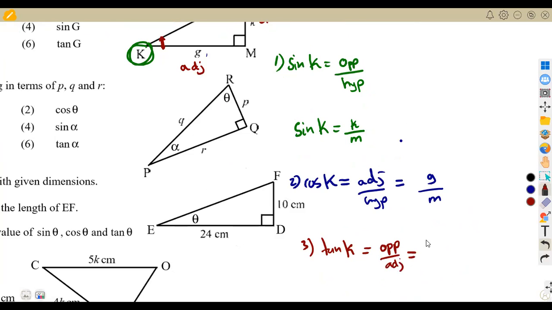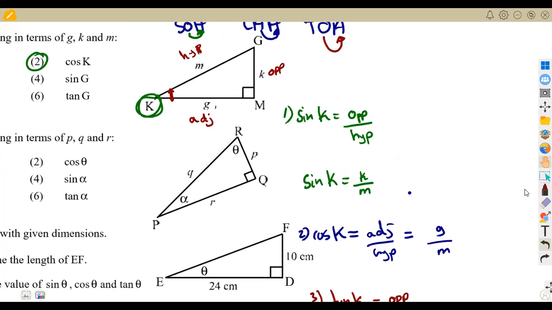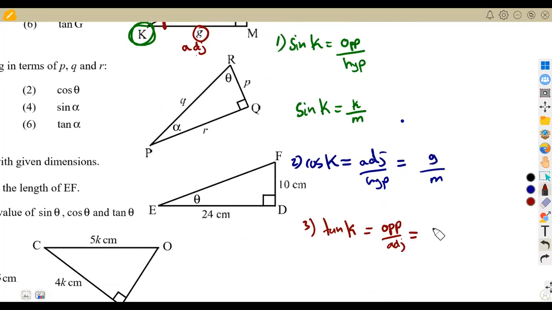According to our diagram, remember, this is our k and the opposite is k. The adjacent is g. So it's going to be opposite over the adjacent, which is k over g. So you're going to have the small letter k over g.